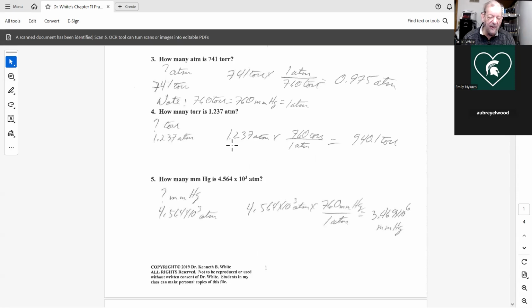This is the only number. When you multiply and divide, you get the same number of significant figures as the number with the lowest significant figures. In this case, 4, and my answer is 4. Up here in problem 3, 741 has 3 significant figures. That's why my answer has 3, because 1 and 760 are exact numbers.